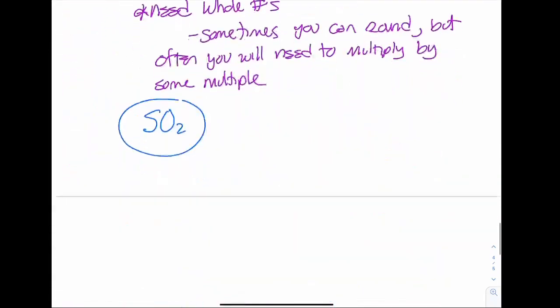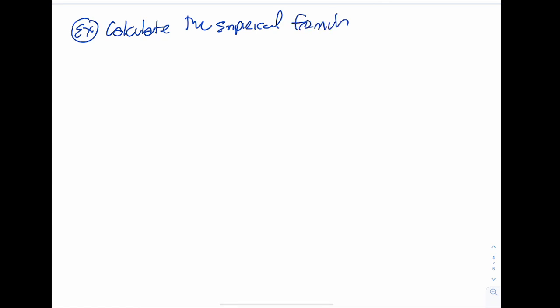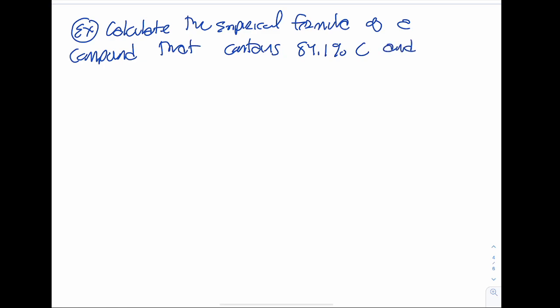Another example for us, we'll do a couple more here. So we're going to again calculate the empirical formula of a compound that contains 84.1% carbon and 15.9% hydrogen by mass.